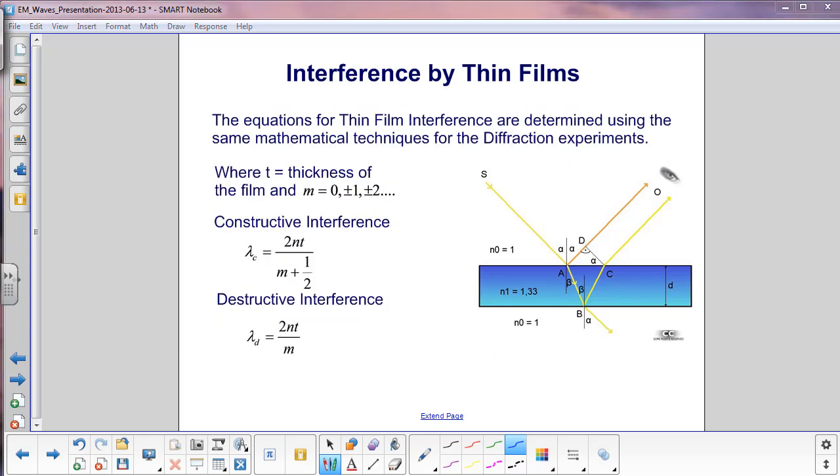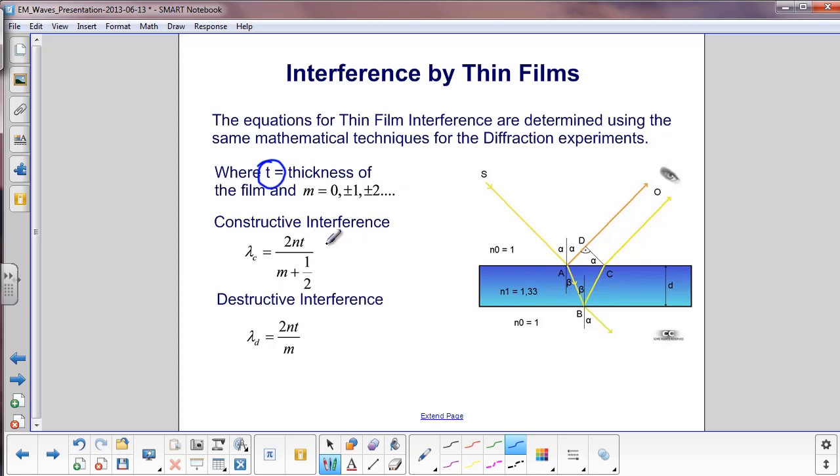The equations for thin film interference are determined using the same mathematical techniques that we use for the diffraction experiments. Now, in this case, we have two quite different equations here. We have t, right over here, which is the thickness of the film. And again, we have these orders, 0, plus or minus 1, plus or minus 2.